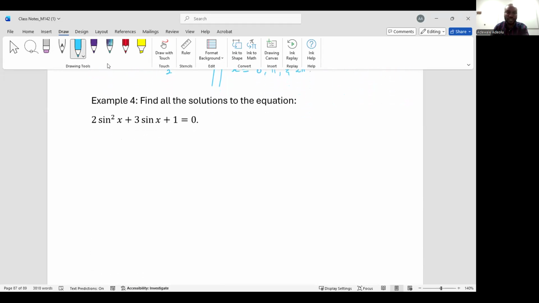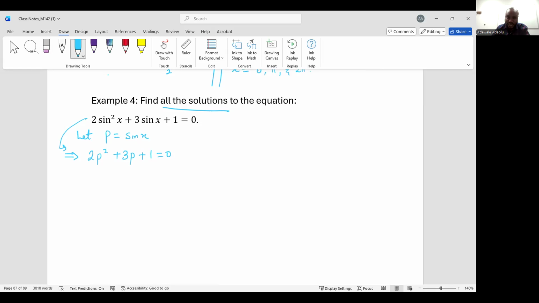Okay, here we want to find all solutions. Looking at this, it feels like we can represent this in terms of quadratic. So here I can say let p represent sine of x. That implies that this will become 2p squared plus 3p plus 1 equals 0.